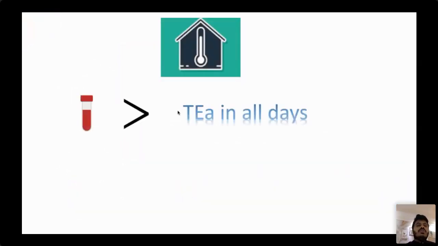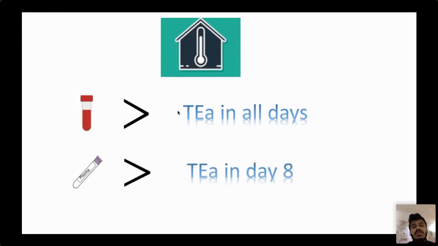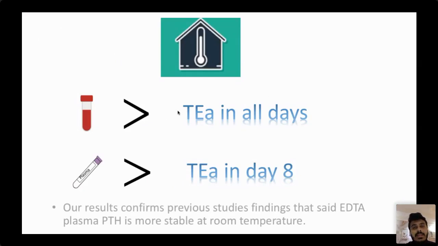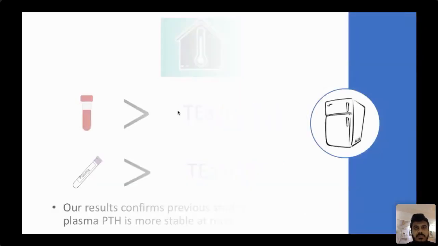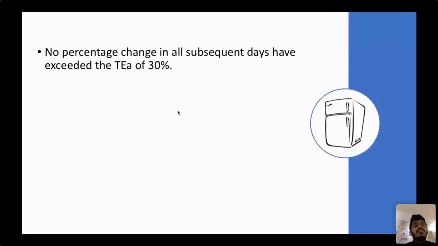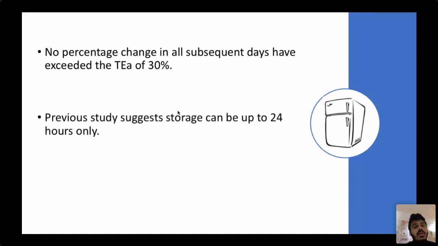For room temperature, serum exceeded the total allowable error in all days, while plasma exceeded the total allowable error on day 8. Our result confirms the previous studies' finding that EDTA plasma parathyroid hormone is more stable at room temperature. For the fridge, no percent change in any subsequent day exceeded the total allowable error.